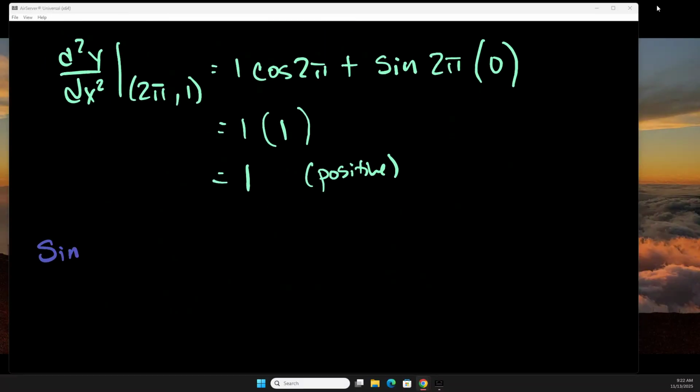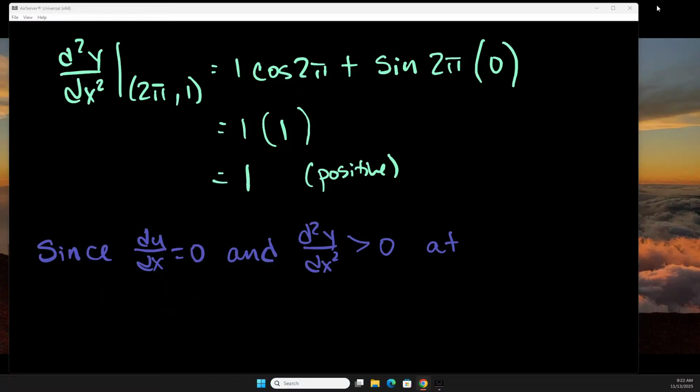All right, so the reason it is going to be a relative minimum is since dy over dx equals 0 and d2y over dx2 is greater than 0 at (2 pi, 1).